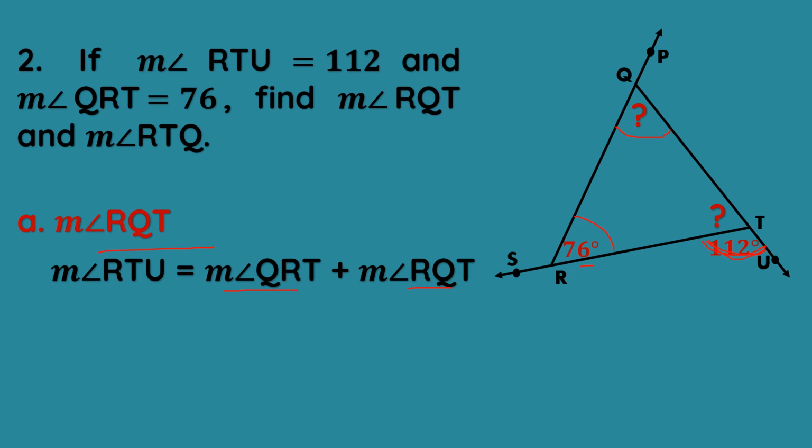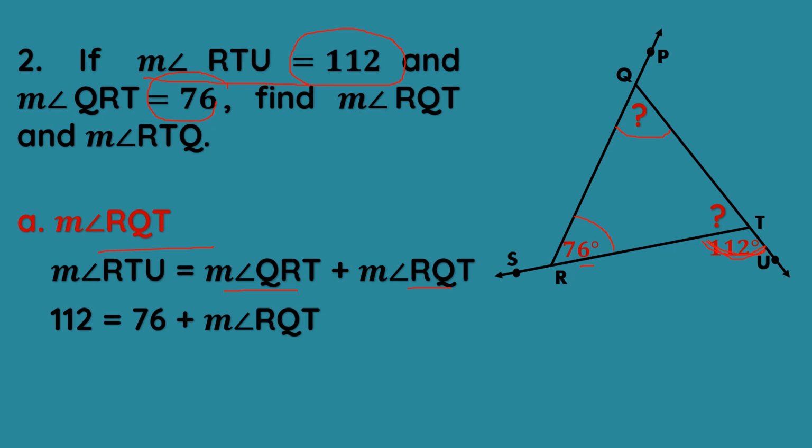By substitution, we substitute the given to the formula. The measure of angle RTU is 112 and the measure of angle QRT is 76. So we have 112 is equal to 76 plus the measure of the unknown angle, angle RQT.